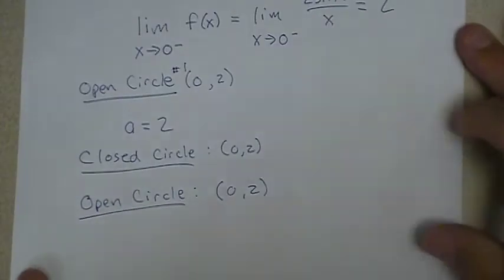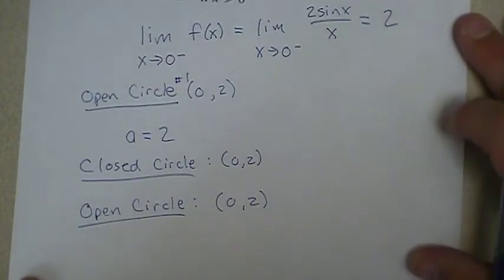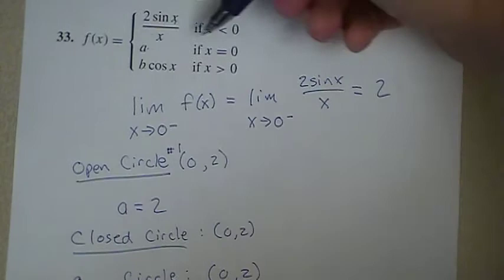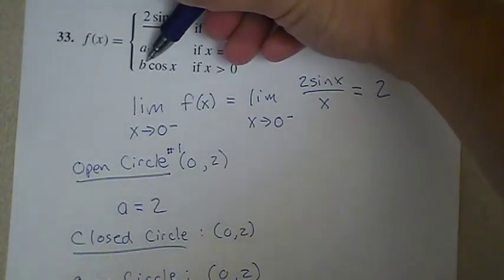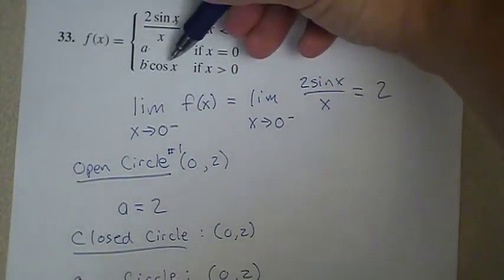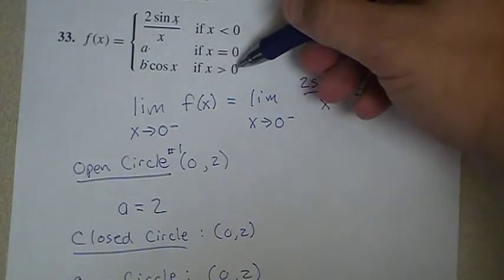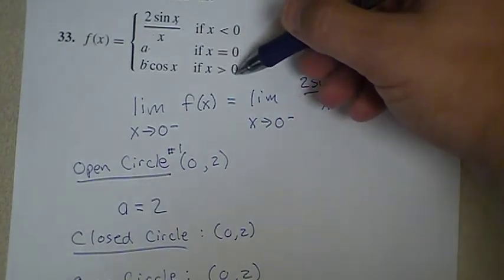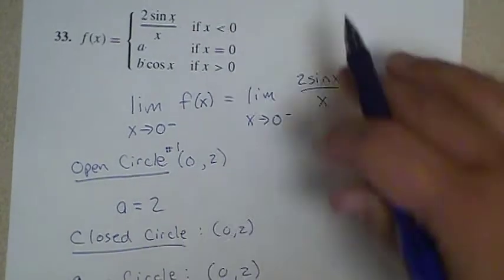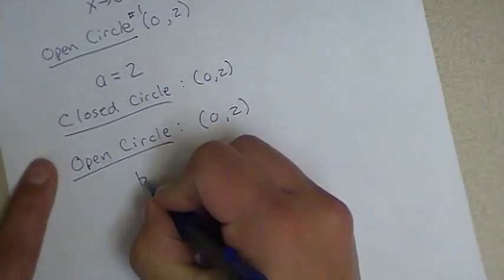I need to force this to happen. I need to pick the appropriate value of b that makes this last piece begin with an open circle at 0, 2. So I'm going to copy b cosine of x down below here.